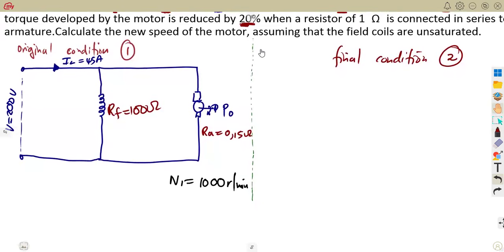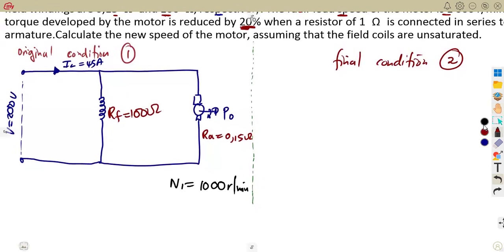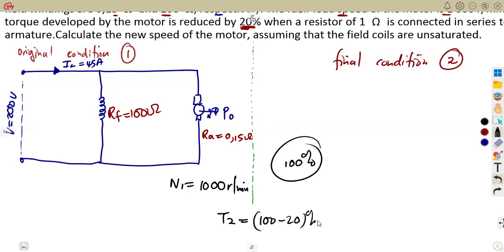So let's talk about being reduced. To be reduced, that means originally it was at what? Remember I said it is at 100% when it is at full load. So T2 has been reduced by 20%. They're saying reduced from 100%, we subtract simply 100 minus 20, of the original one at full load.